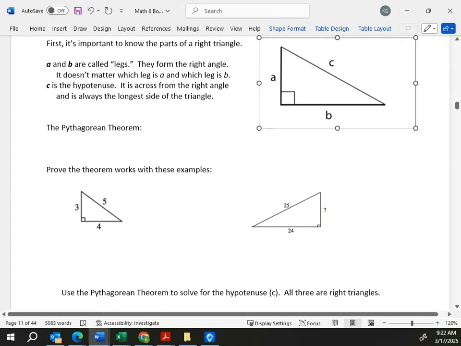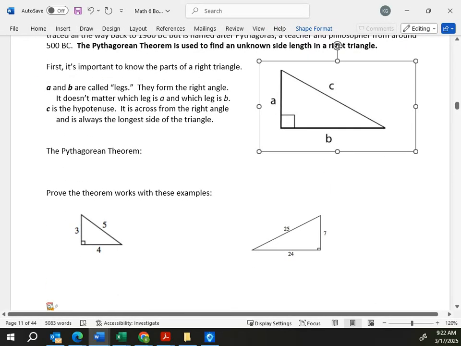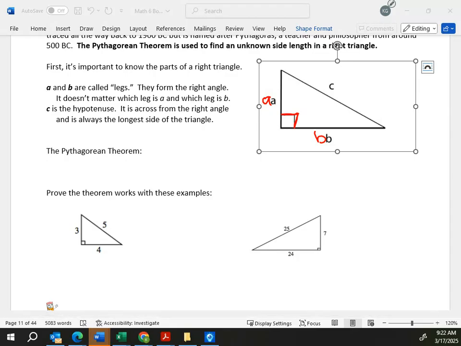When we have a right triangle, we have the right angle right here. One side of the right angle we call A. The other side of the right angle we call B. So A and B are the legs of that right triangle. They are what make up the two sides that make up the right angle.